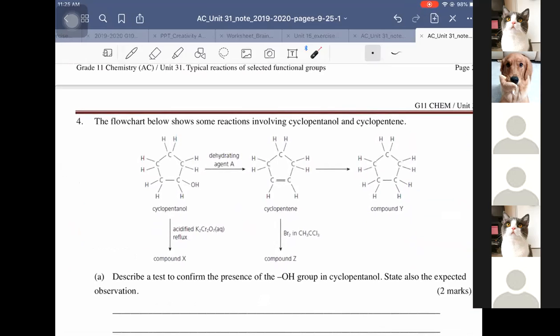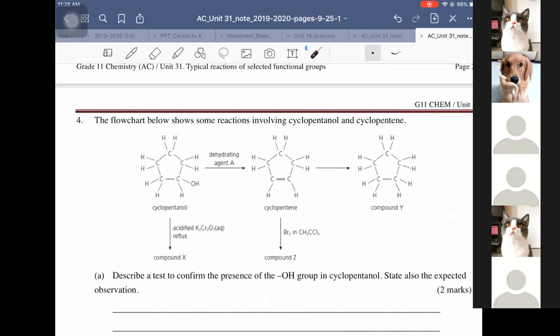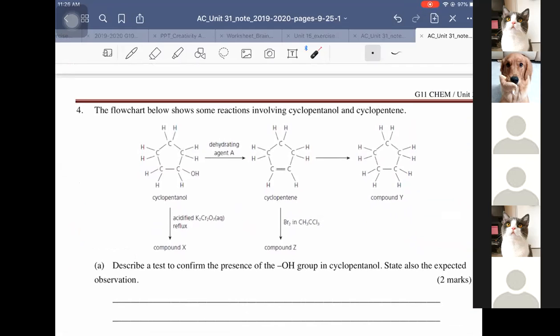Okay, here we have a flow chart showing some reactions involving cyclopentanol and cyclopentene. We have a hydroxyl group attached to the five-carbon cycloalkane, and then we get an alkene with a carbon-carbon double bond.